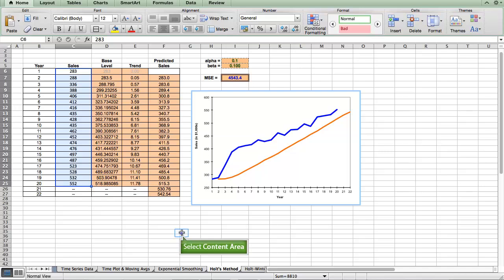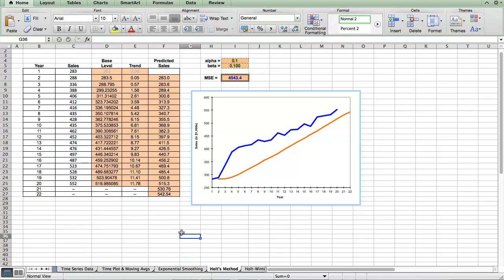Now, Holt has an advantage over simple smoothing because it not only gives us a base level average, which is very similar to the moving average or the simple smoothing techniques, but the Holt method also gives us a trend. And together, we use those two measures, our base level and our trend, to get our forecast or our predicted sales.